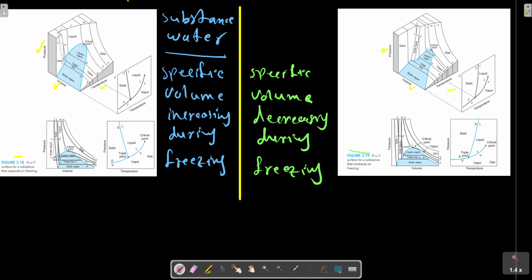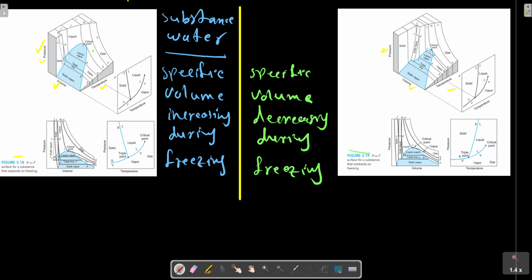All points along a quasi-equilibrium process lie on the PVT surface.